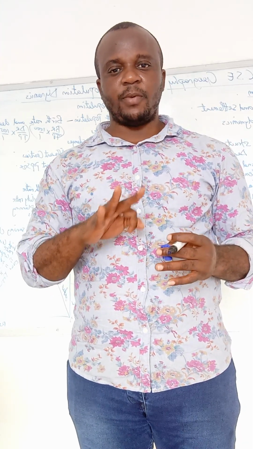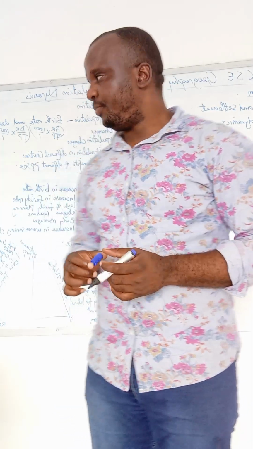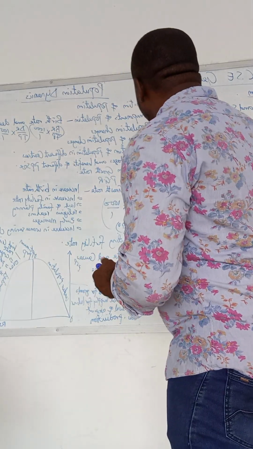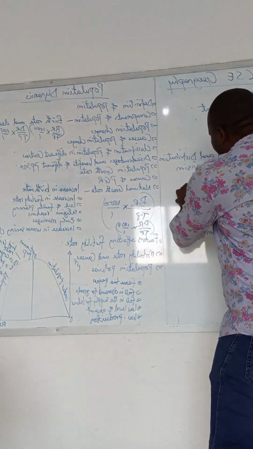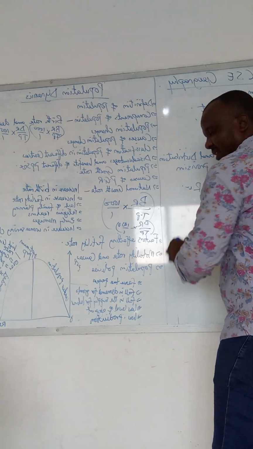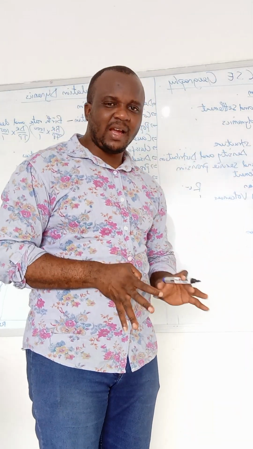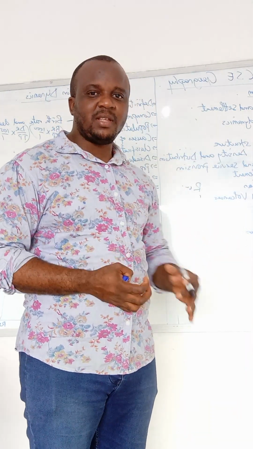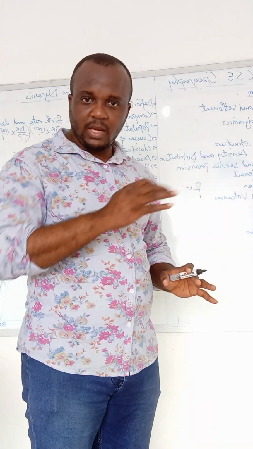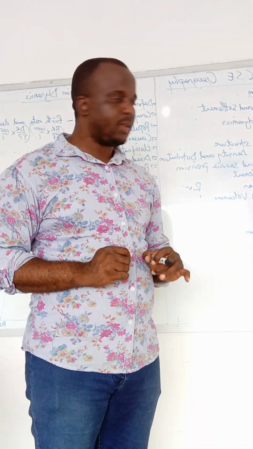Now, when the birth rate is higher than the death rate, it means there is a natural increase in the population. When the death rate is higher than the birth rate, it means there is a natural decrease in the population.